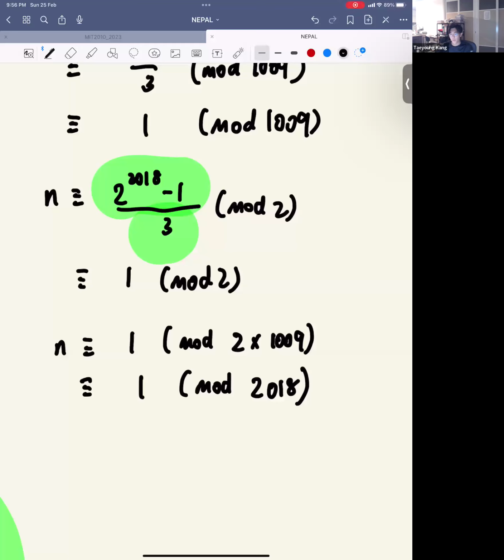So how do we finish with n being congruent to 1 mod 2018?